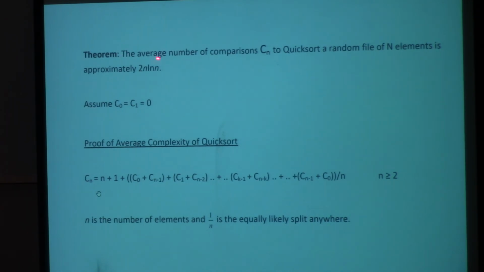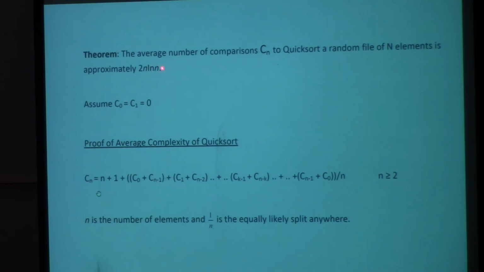And the theorem that we're going to prove is that this is going to come out to approximately 2 n log n. Let's see what that means. If n is 1,000,000 elements, then n log n is roughly going to be 1,000,000 times 20.